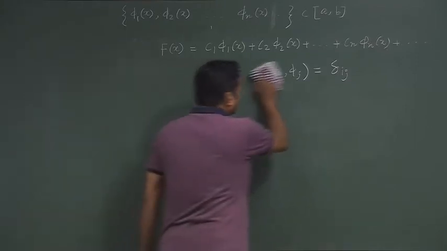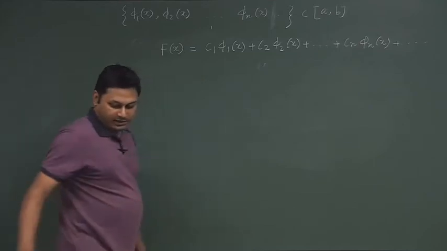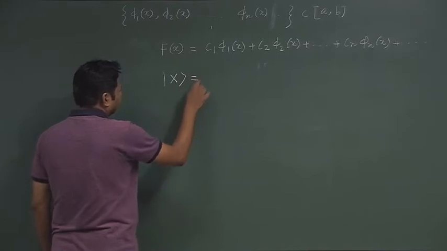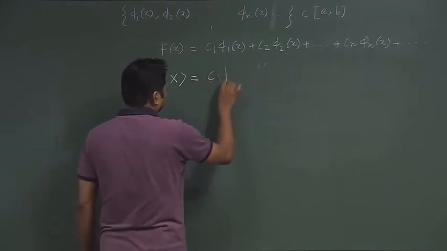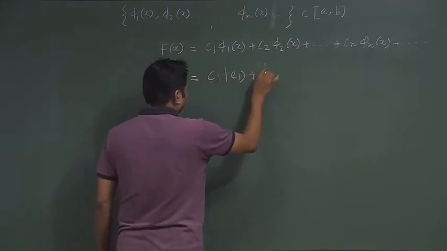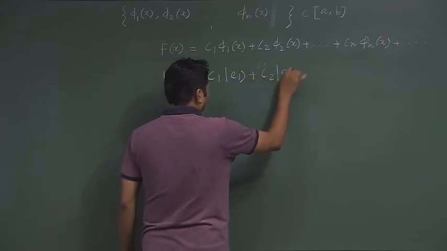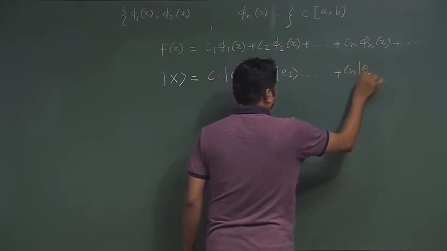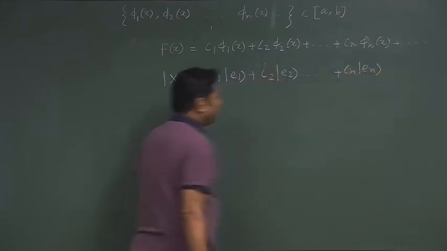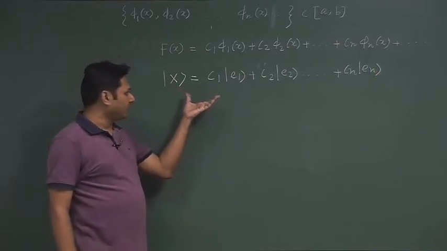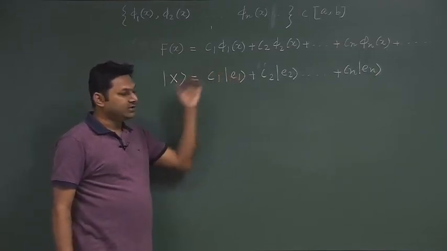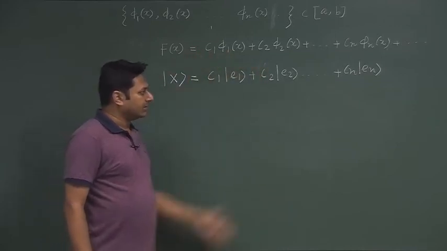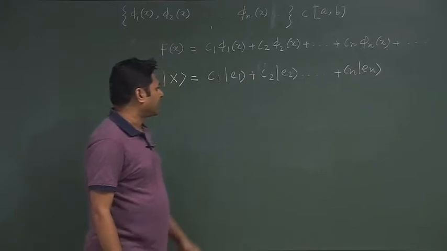Now I can correlate these things with my vector notation. Any vector, for example x, can be represented like this: c1 e1 plus c2 e2 and so on up to cn en. If it is a finite dimension, then it is okay, but there is a possibility that a vector can be infinite dimensional, then n tends to infinity, and I can write more terms.